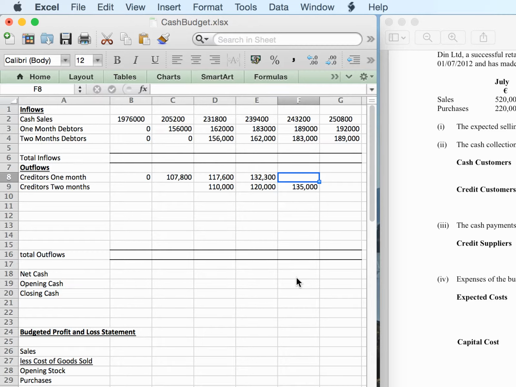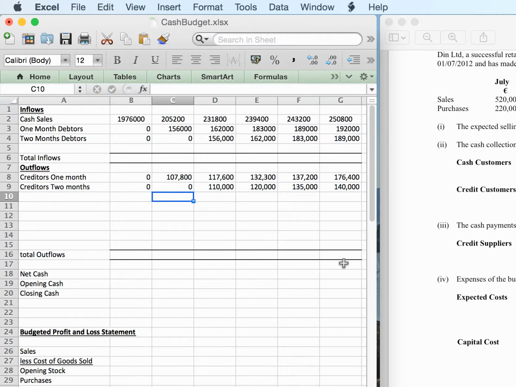And we have 280, and half of 280 is 140. Let's just check. I got that right, yeah. And then the next one is 360, and nothing comes in here, and nothing comes in here.